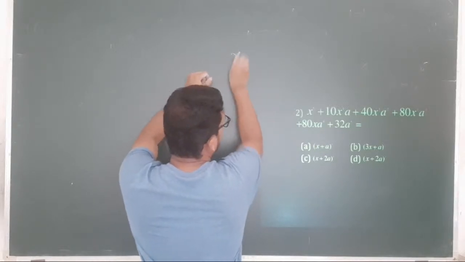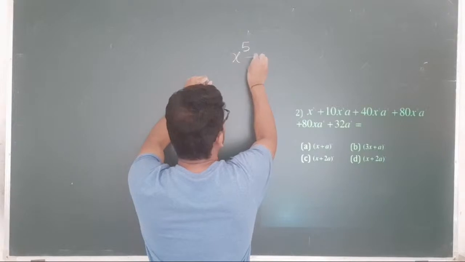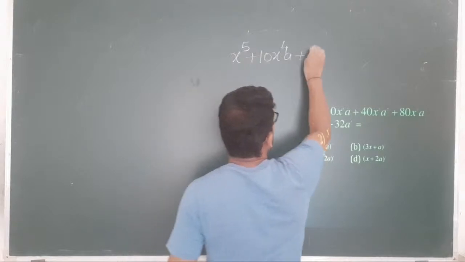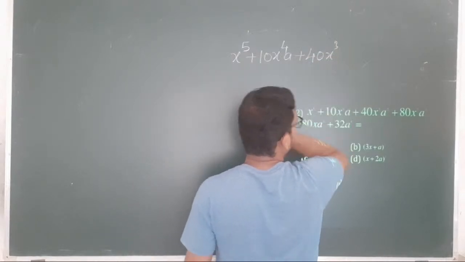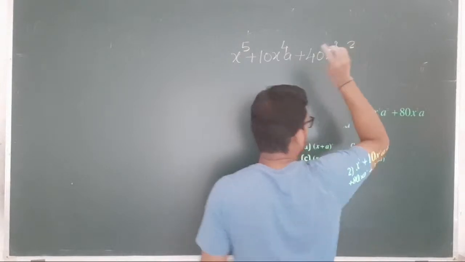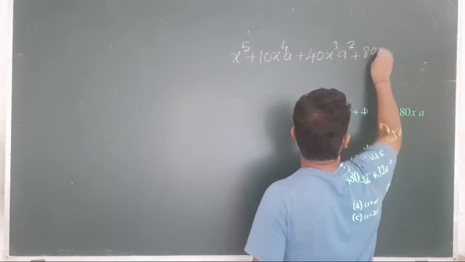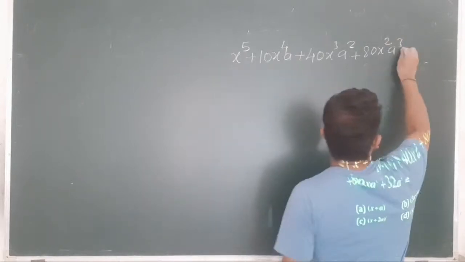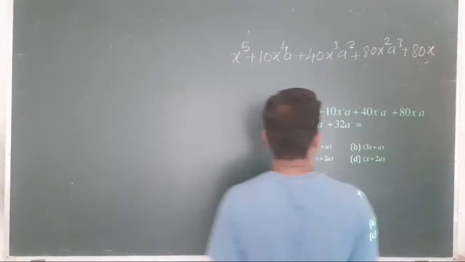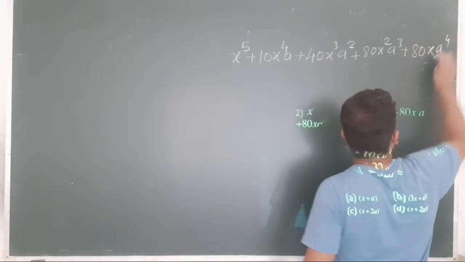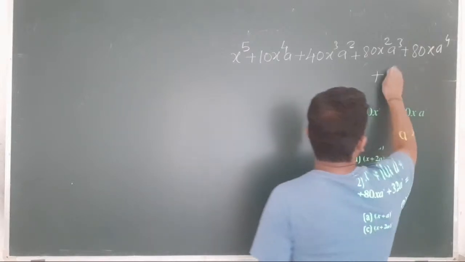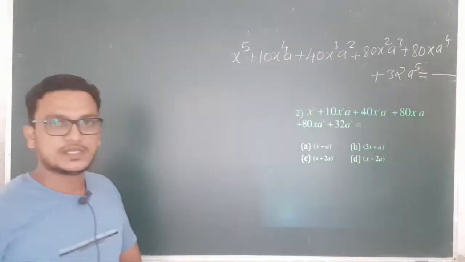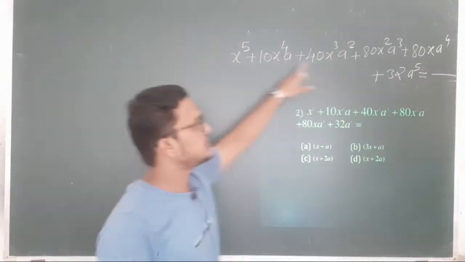See: x to the power 5 plus 10 x to the power 4 into a plus 40 x cube into a square plus 80 x square into a cube plus 80 x into a to the power 4 plus 32 a to the power 5, which is equal to... so this expansion is given.